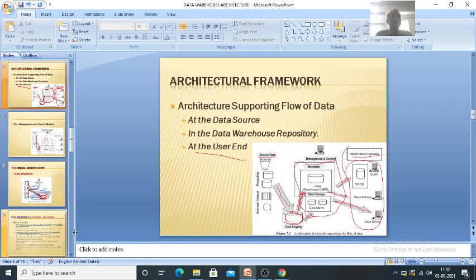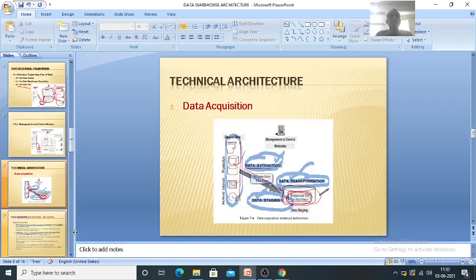One is architectural support for acquisition. The second one is for data storage. Then we have the information delivery. In data acquisition, we have data extraction, data transformation, and data stacking.